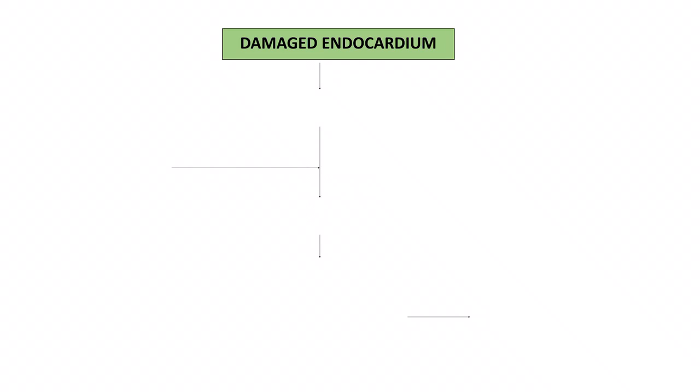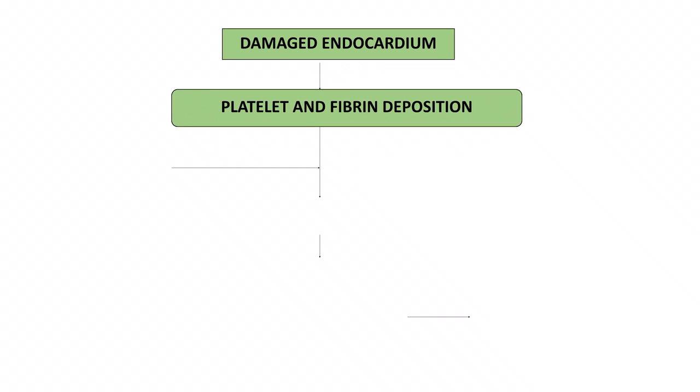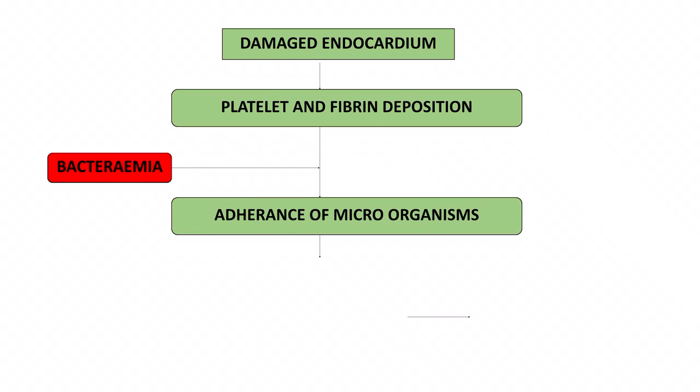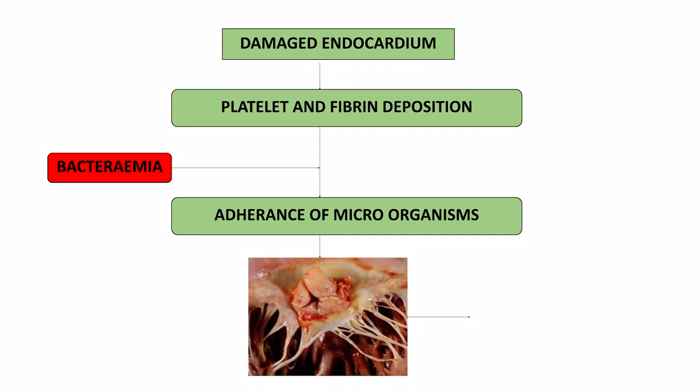So we know that wherever the endocardium or the endothelia of the blood vessels are damaged, the coagulation pathway gets activated. So this leads to platelet and fibrin deposition here also in response to the damage of endocardium. And if there is superimposed bacteremia, there will be adherence of microorganisms to this platelet and fibrin deposition, and altogether this forms a structure which is known as a vegetation.